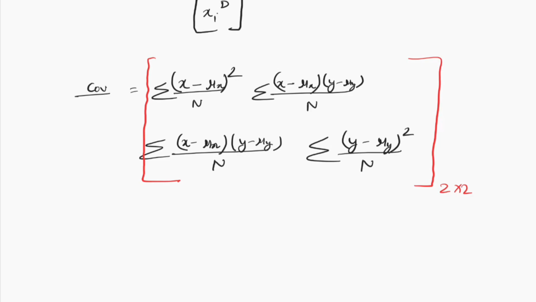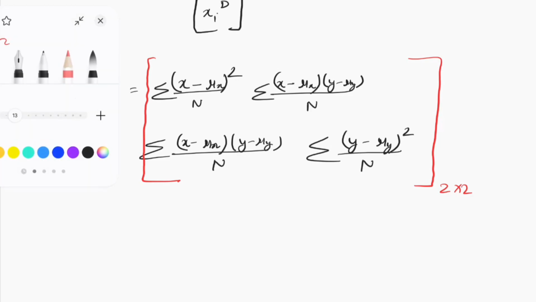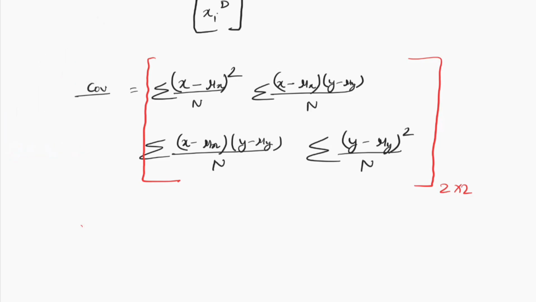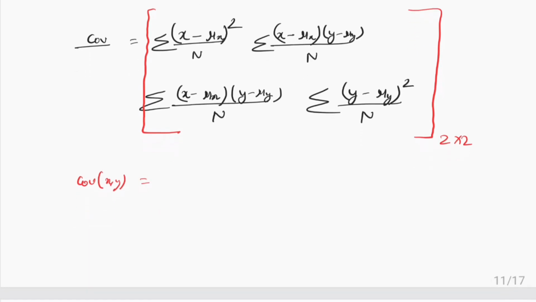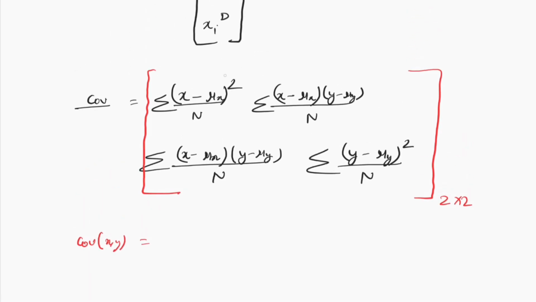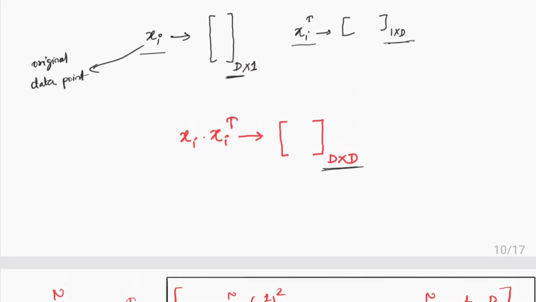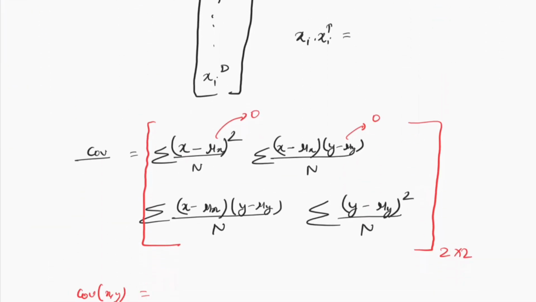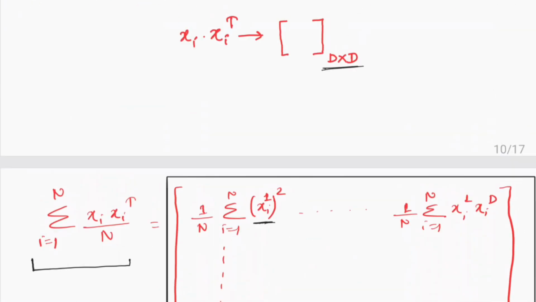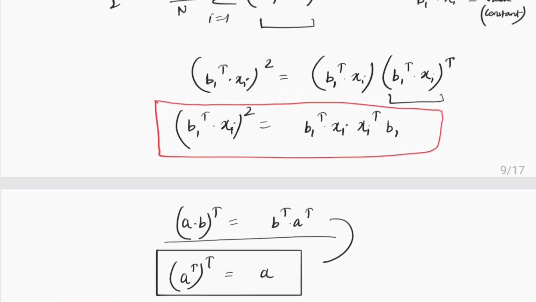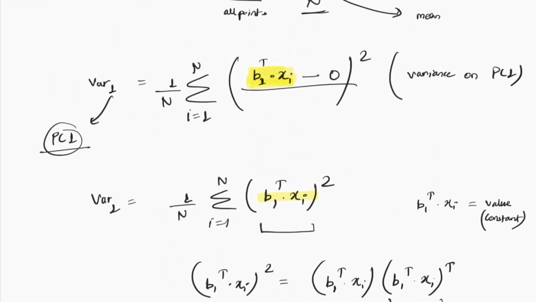And now how will this covariance matrix look if mu x is 0 and mu y is also 0? Since we always keep the mean of the data as 0, as we have also proven, I will try to recall that one.